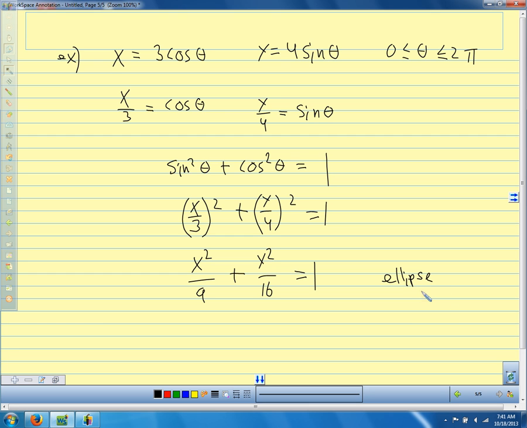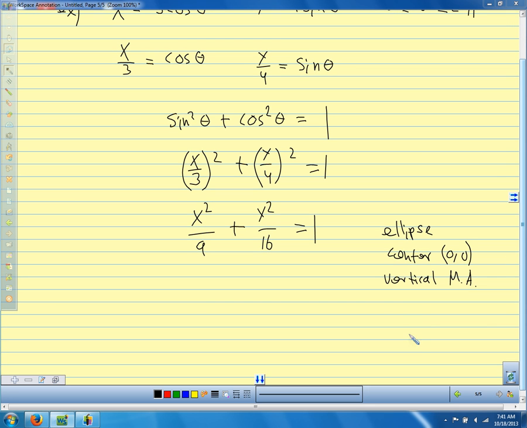The center of the ellipse? 0, 0. Major axis, vertical or horizontal? Vertical major axis. I'm just going to say MA. And how long is the major axis? What's its length?